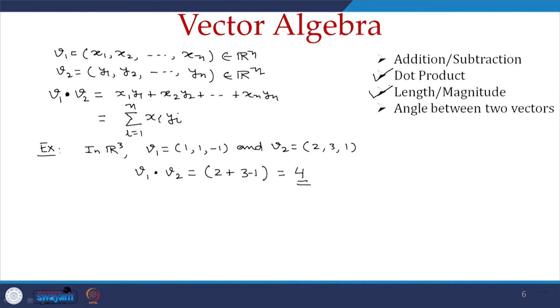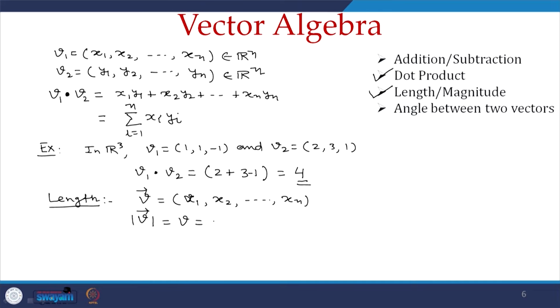The third one is length or magnitude of a vector. So, let me take a vector v in Rn having components x1, x2, ..., xn. Then length of v is denoted by like this and again it will be a scalar. So, I am writing simply norm of v.